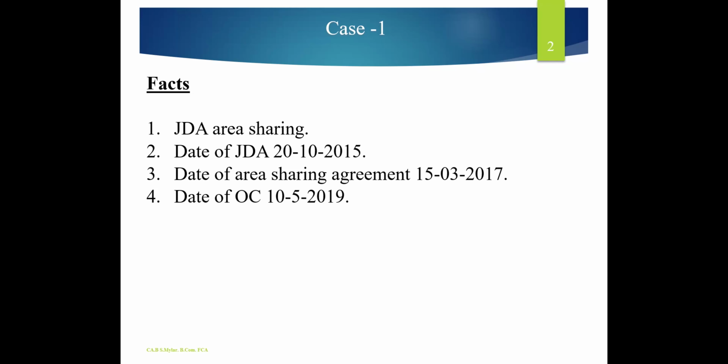The area sharing agreement is dated 15/3/2017. This is also before the GST period. The date of OC, that is the occupancy certificate, received post 1/4/2019. That is the real estate different provision which was notified from 1/4/2019. The OC got received on 10/5/2017. So we have three issues here.